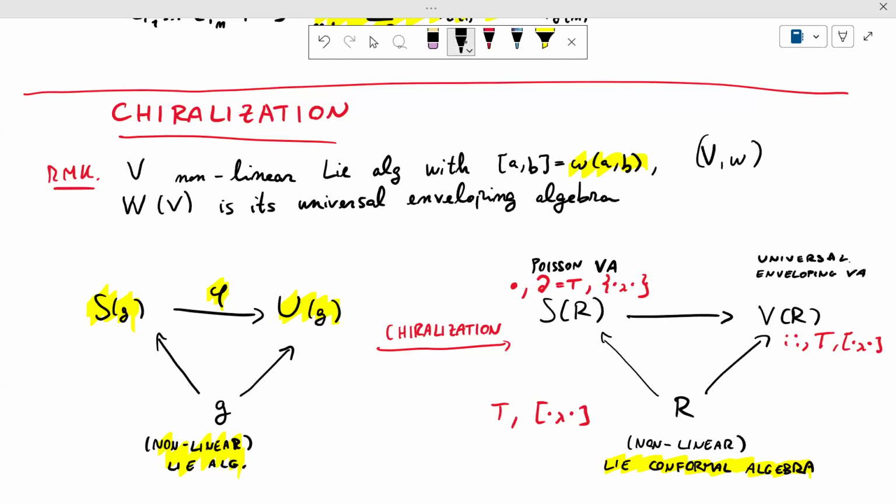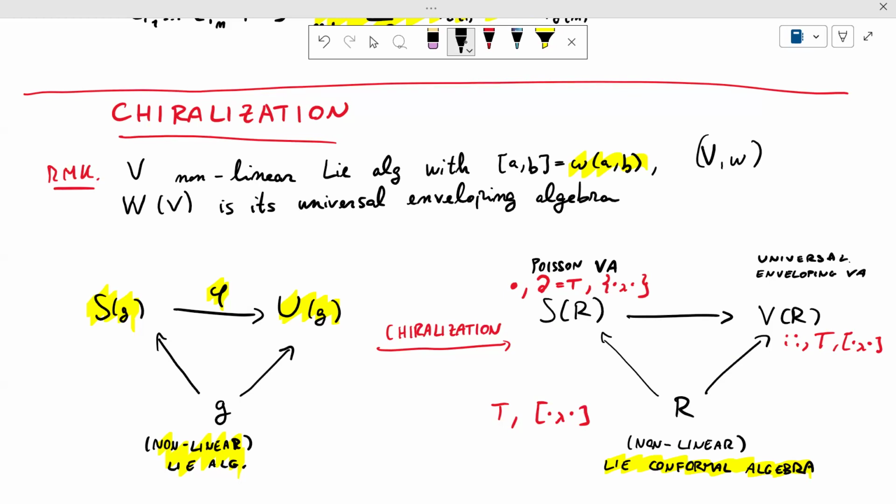This is not a Lie algebra, of course, because omega gives a scalar, goes into C. But if we ignore this fact, omega surely is antisymmetric and it trivially satisfies the Jacobi identity, because it's always satisfied with scalar terms. And so we can think of it as being a sort of non-linear Lie algebra.